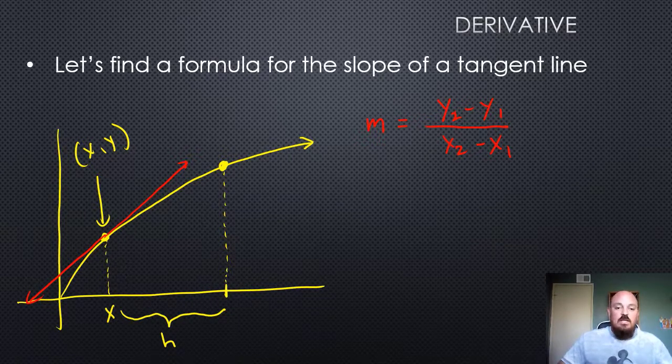Now if you think about that point, let's do the x part first. Right here, this distance is x, because I called the first point (x, y), so I'm going over x. So basically, I'm going over to x, and then over h more. The first part of this point right here is x plus h.